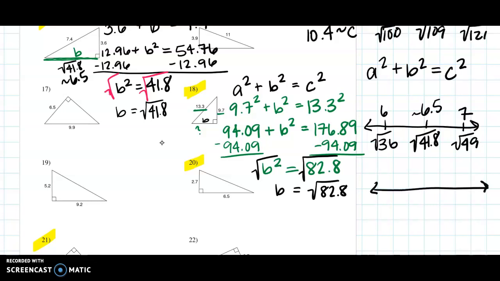We can estimate that. We know that the square root of 81 is 9, and our next perfect square is the square root of 100. So this number must be between 9 and 10, and it's probably closer to 9. So let's call it approximately 9.2. So b is approximately 9.2.